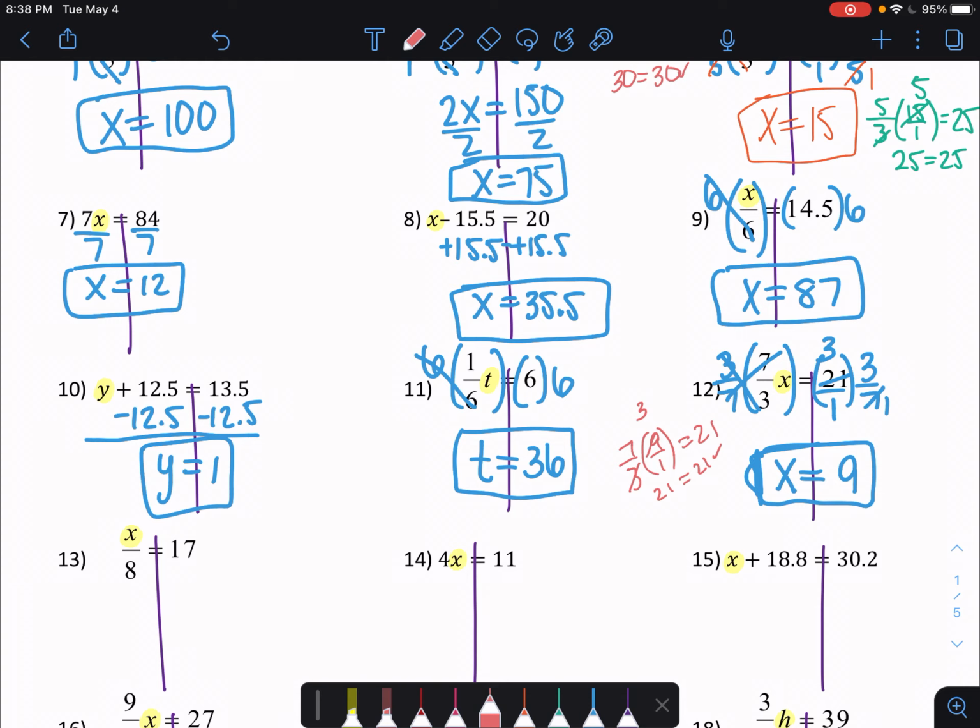For number 13, I'm going to multiply by 8 on both sides. So x equals 136. And 136 divided by 8 is 17.